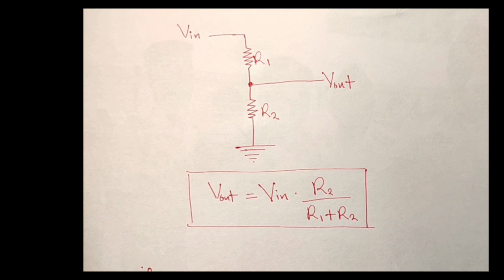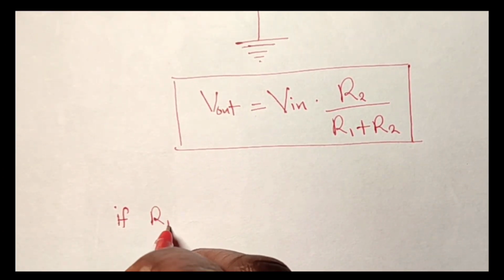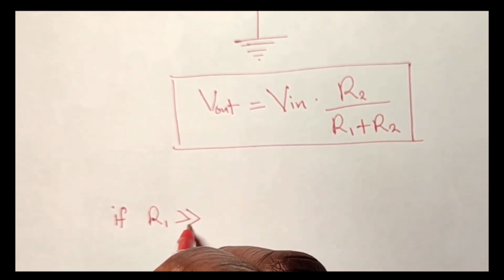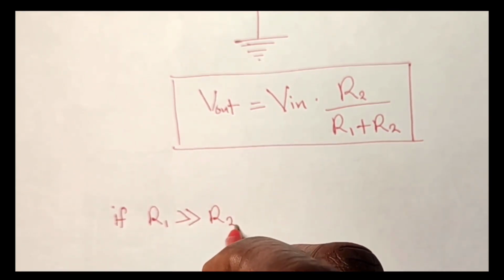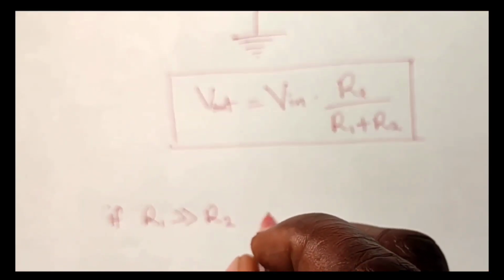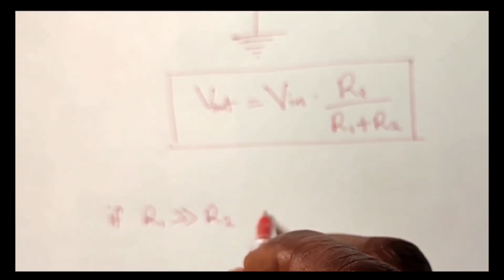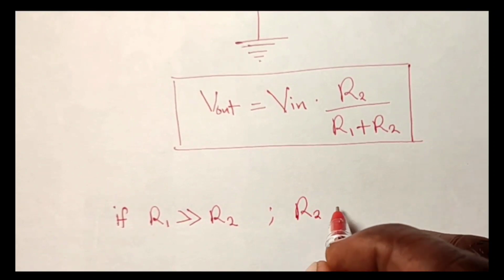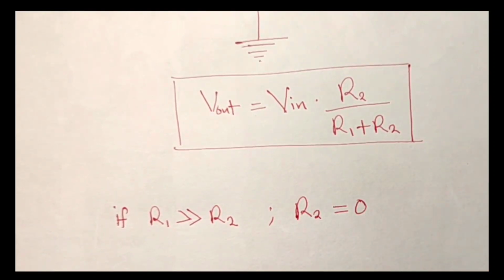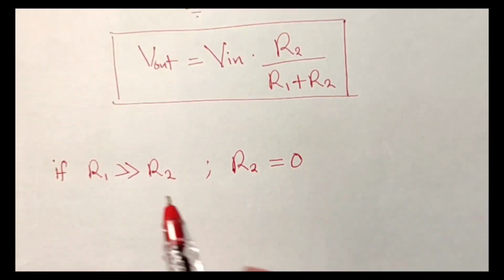Now, if R1 is far, far greater than R2, to the point where R2 doesn't exist, or it is insignificant, let's represent R2 with 0. So let's substitute the value of R2 to be 0 in this voltage divider equation.